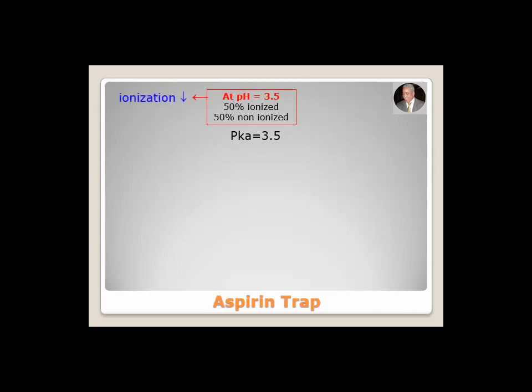If the pH of the solution is less than 3.5, ionization will decrease, and most of the aspirin molecules will remain as such. On the other hand, if the pH of the solution is greater than 3.5, most of the aspirin molecules will get ionized.